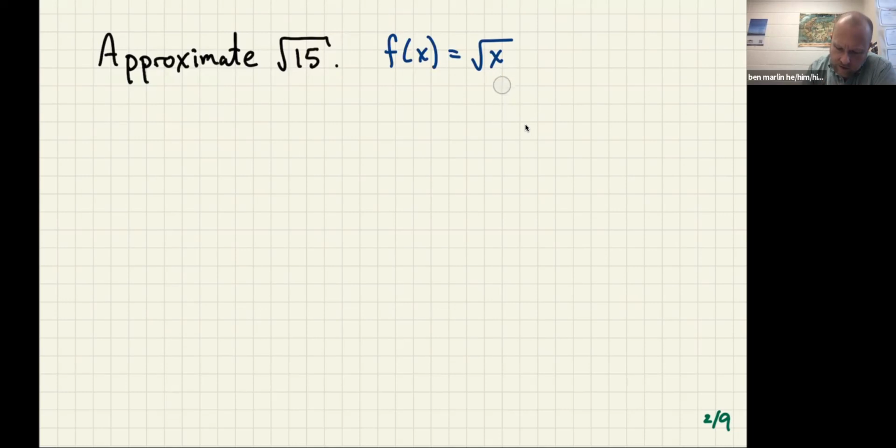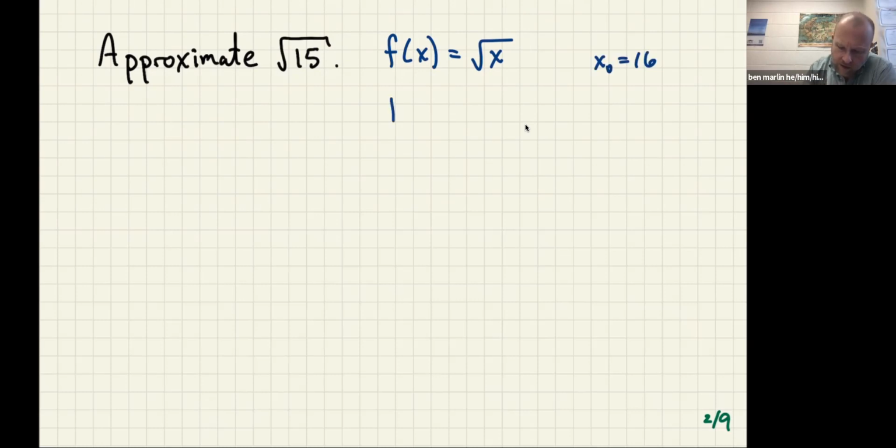So we are going to think about what x values that are close to 15 have a square root that you could do in your head. I hope you're seeing that x naught ought to be 16, because the square root of 16 is 4. You can do that without any effort, right?